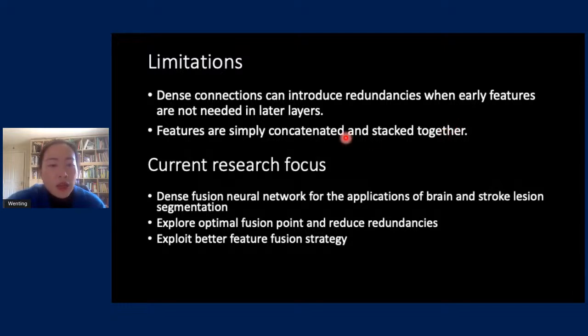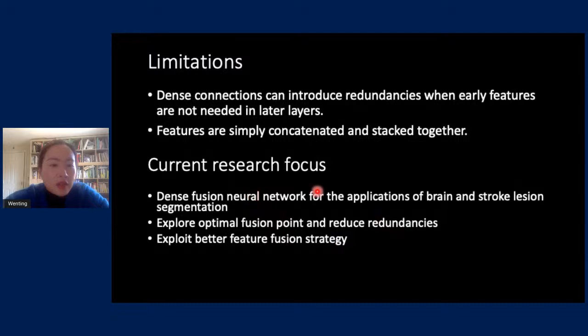We also think that it can introduce redundancies when you are just simply stacking them in different layers, when early features are not needed in the later layers. So when they are stacked together, the fusion strategy is not really exploiting the relationships between these feature maps.